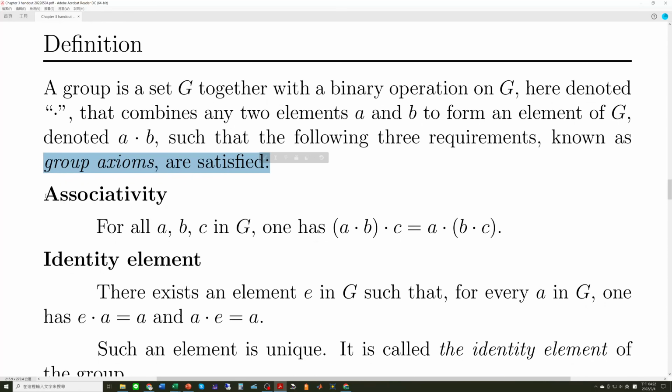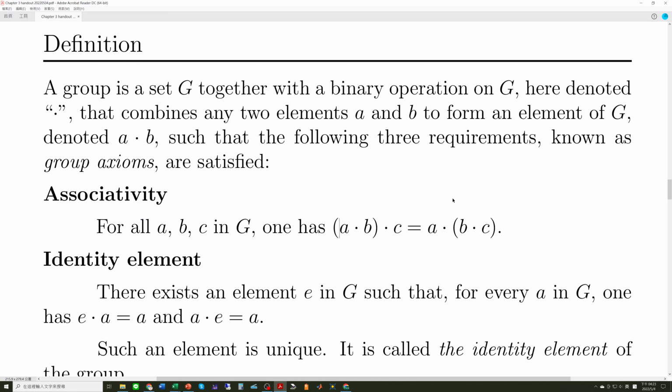Okay, the first is the associativity. For all A, B, C in G, one has (A dot B) dot C is equal to A dot (B dot C).